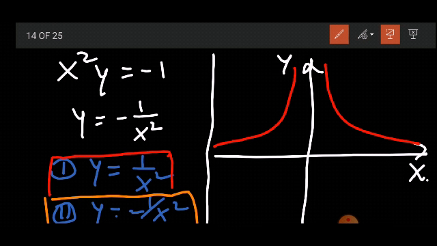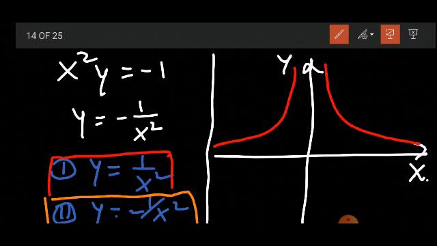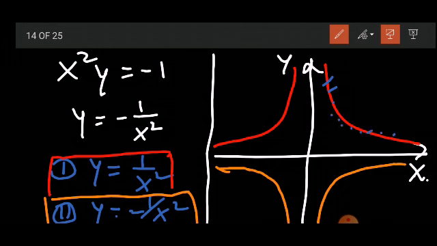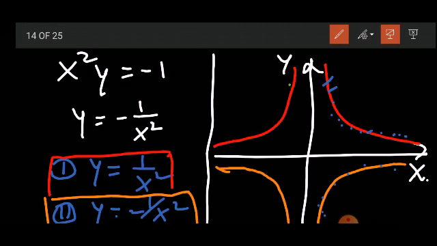Now if we say y equal to minus 1 by x square, how will you go for y equal to minus 1 by x square? Let me draw the graph. You have to take the mirror image with respect to the x-axis, like this and like this. The part of this graph in the first quadrant has its image here, and the part in the second quadrant has its image in the fourth quadrant.